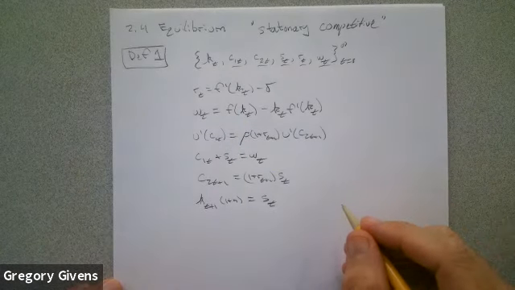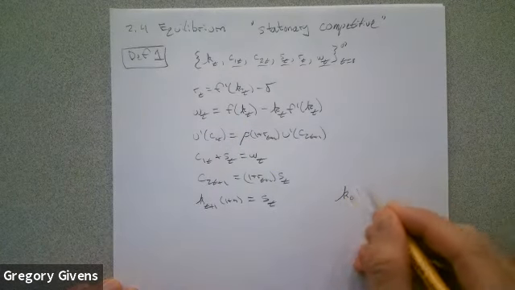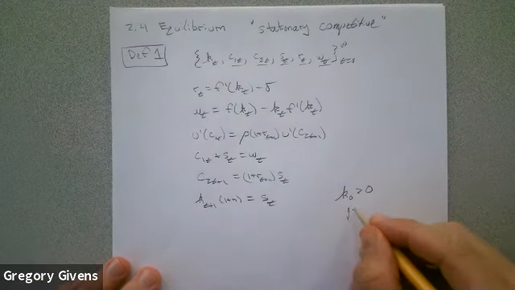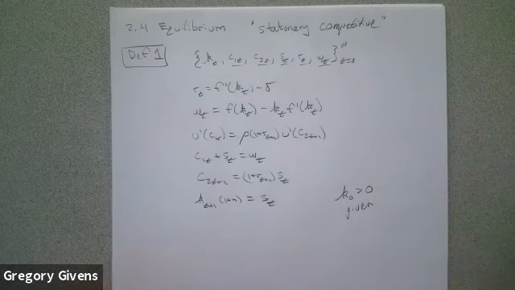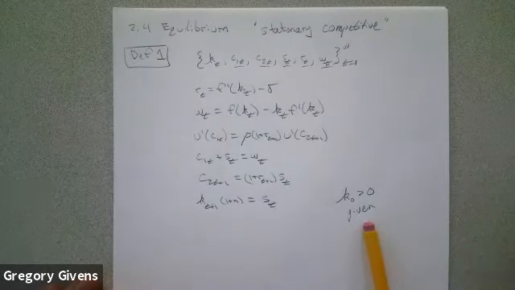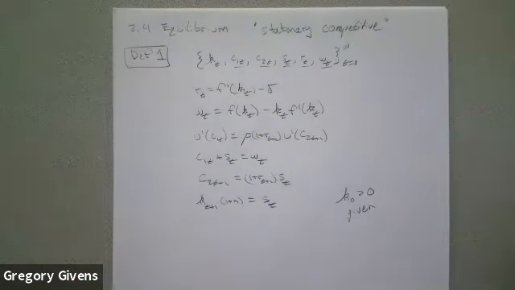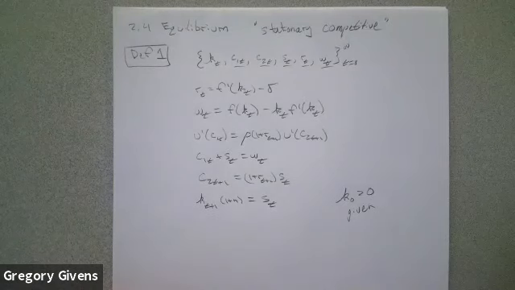We need an initial condition, right? The economy is endowed with some initial level of capital per worker. That's given. So given initial capital per worker, these 6 equations then fully characterize the stationary competitive equilibrium in the OLG model.